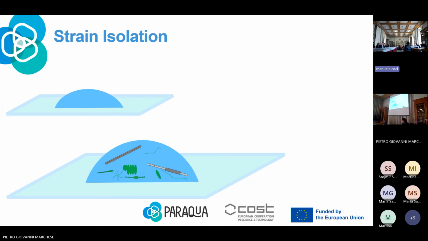So, the strain isolation main principle. This is the method which I usually use in my work. I want to pick up a single specimen, my target specimen, from the phytoplankton sample, let's say, and then I have to transfer this specimen to a new drop of the medium or distilled water during the isolation process.